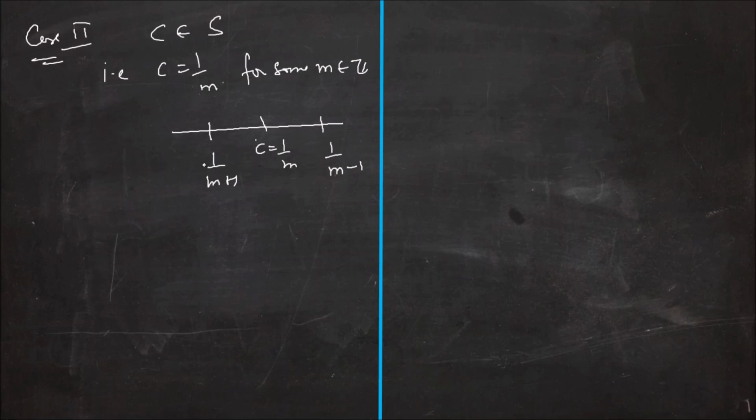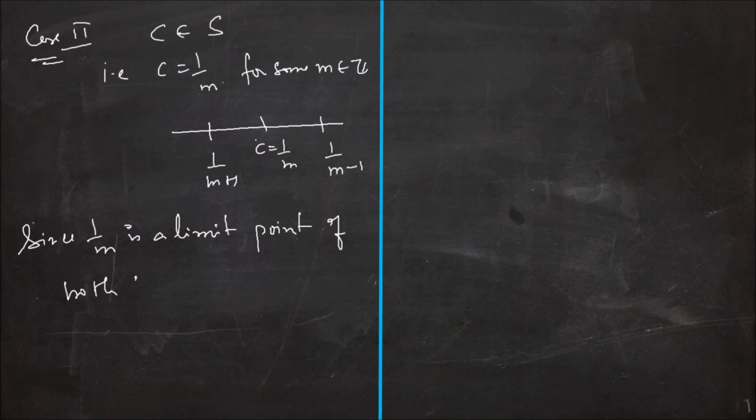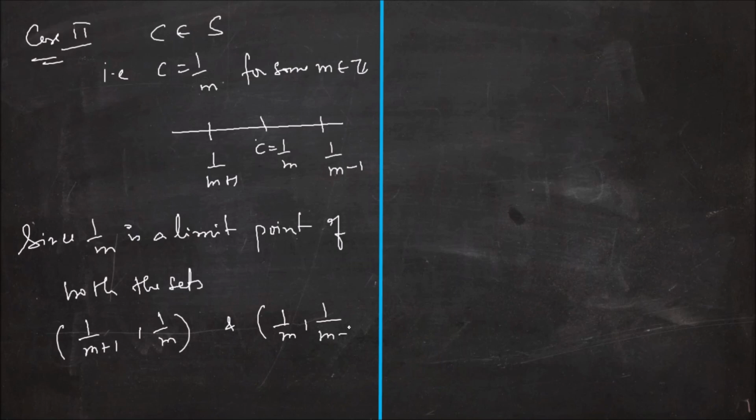Since 1 by M is a limit point of both the sets: 1 by M plus 1 to 1 by M, because this is an interval so boundary points are also limit points, and 1 by M to 1 by M minus 1.